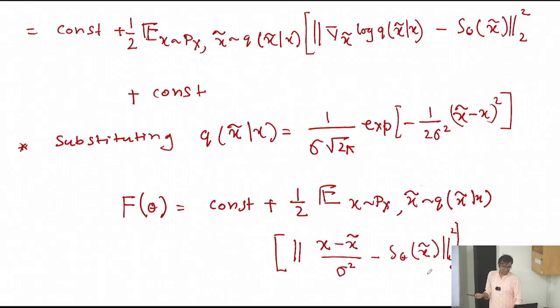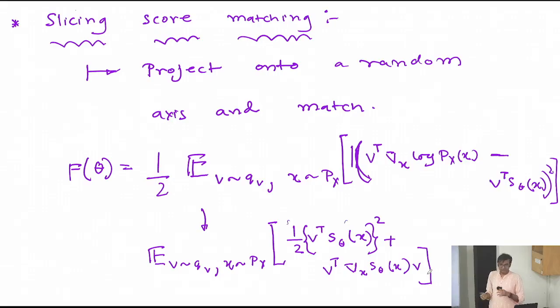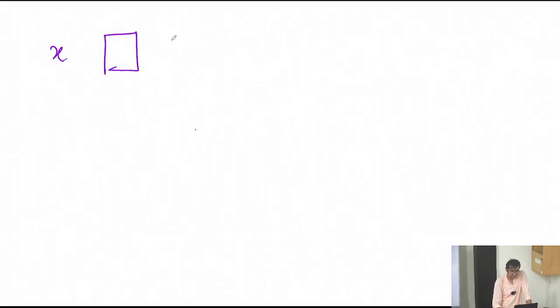Now, why is it easy to compute? It is easy to compute because you can now compute all of this using a single backward pass. One backward pass is all you need for computing the second term. First term is easy. The second term is the challenge, right? Second term, what will you do? See, you have x, you have a network, it gives you s, right?